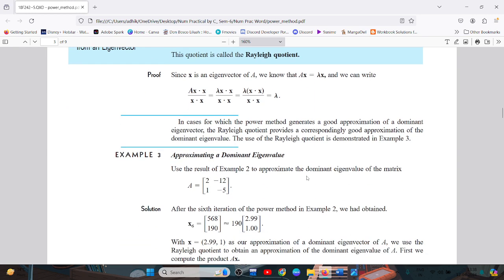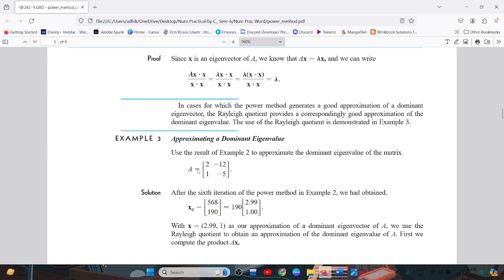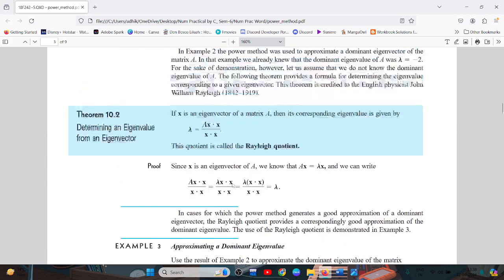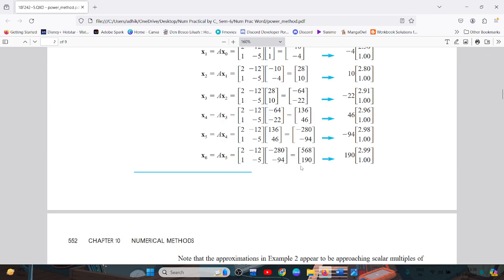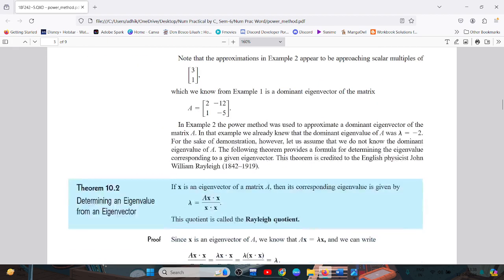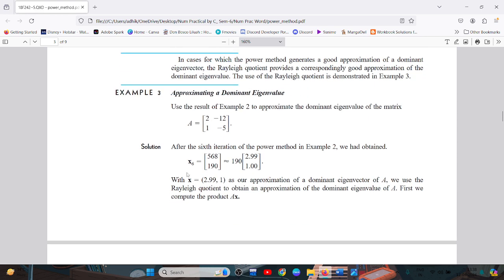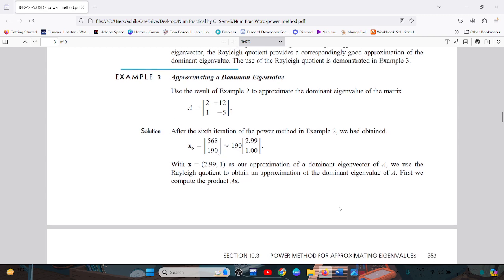In the previous example, A is the 2 by 2 matrix, and x6 equal to 568, 190. So we get x equal to 2.991, 1 as our approximation of the dominant eigenvector of A. We use the Rayleigh quotient to obtain an approximation of the dominant eigenvalue of A.